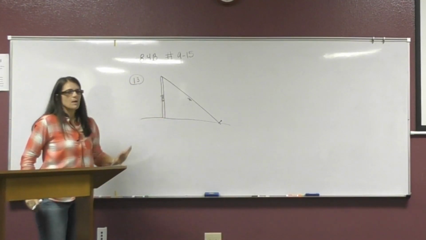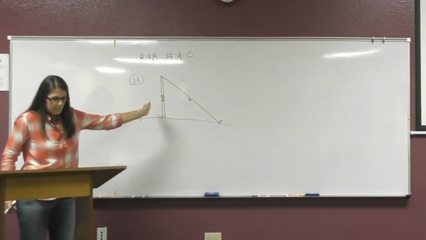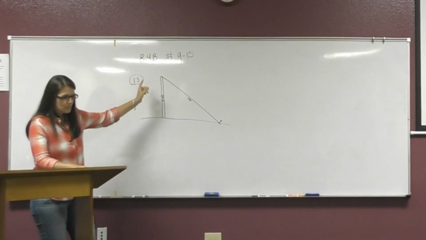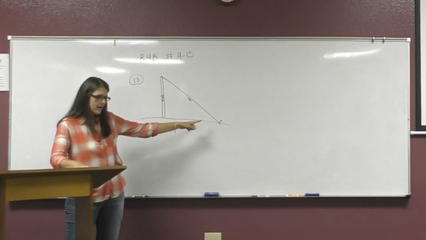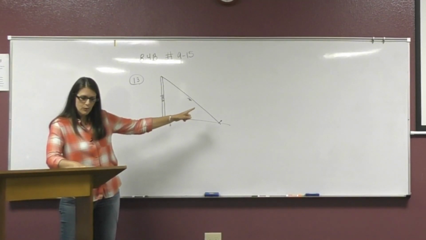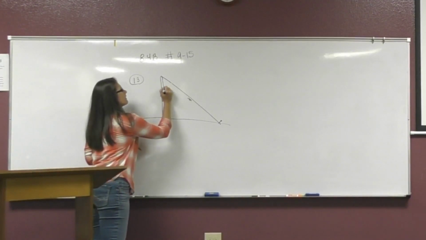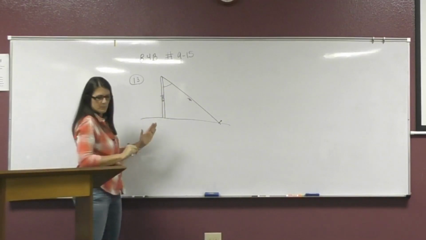Okay, so let's stick some numbers in here. So this is the pole of the circus tent. It stands vertically. It's secured with a rope that's tied to a stake in the ground. The angle formed between the rope and the pole, so that's talking about this angle right here, because there's the angle between the rope and the pole.